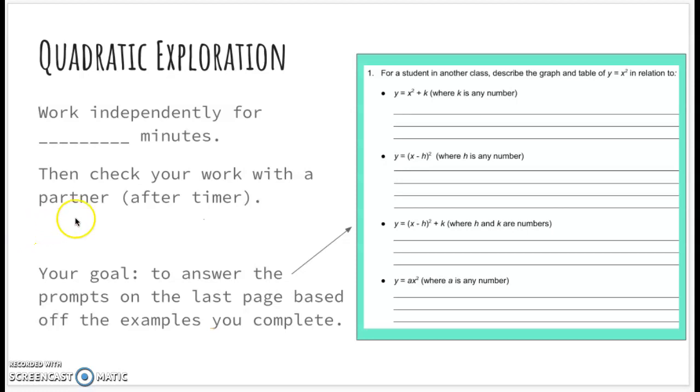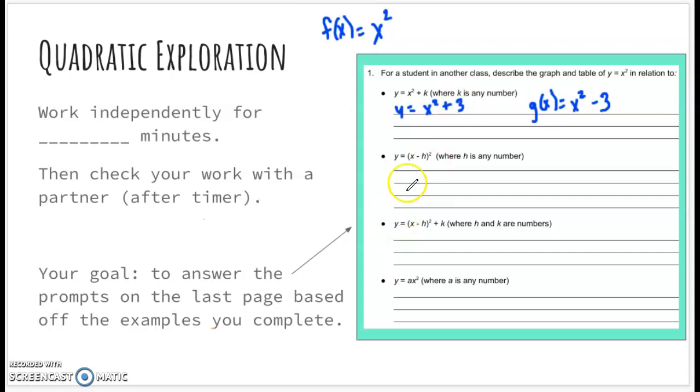To get you started, compare f of x equals x squared to y equals x squared plus 3, or g of x equals x squared minus 3. What happens in those two situations? Maybe make a prediction and then test it out.